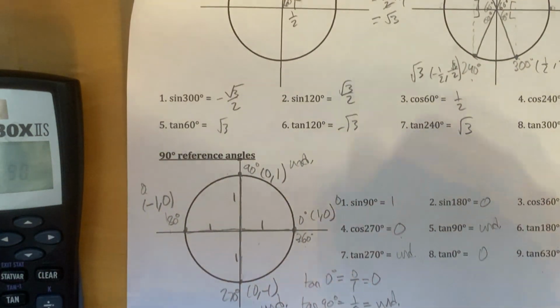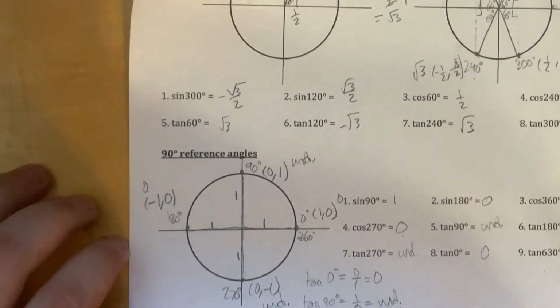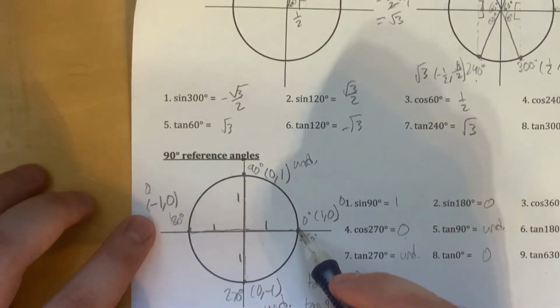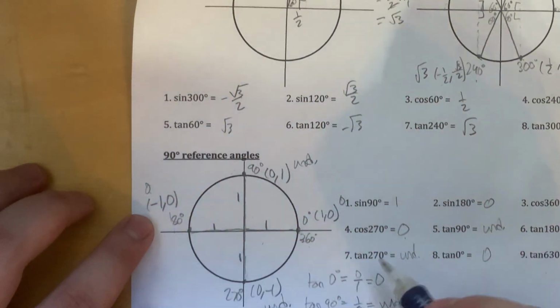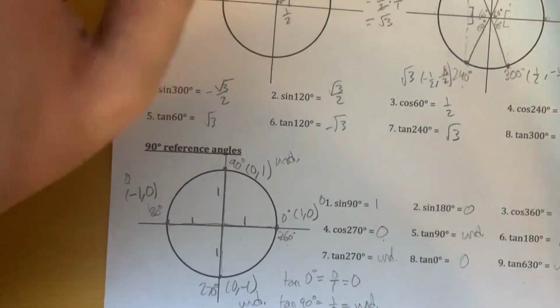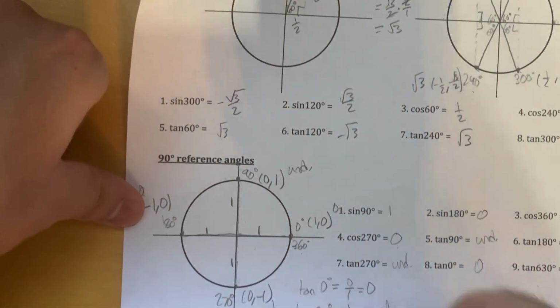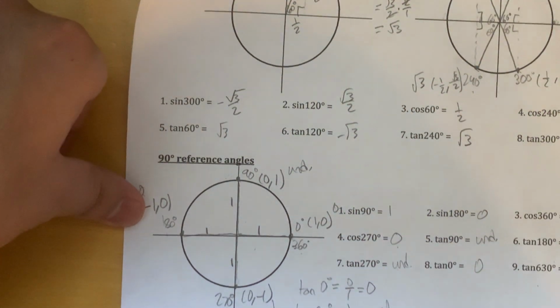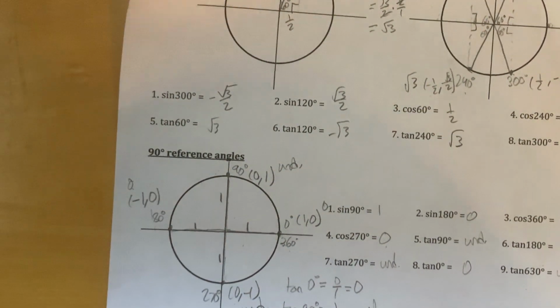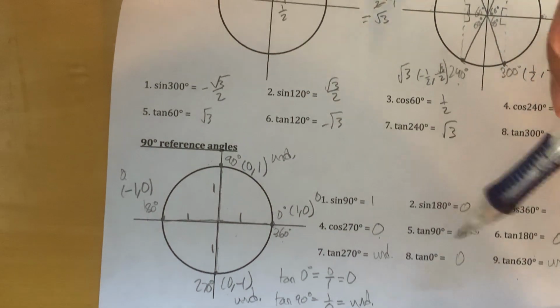So just remember that the circle keeps going. You can have over 360 degrees. You just have to recalculate it. If you go past 720 degrees, you've already gone around the circle twice, and you're just going a little bit into the third time. So we could say that 630 degrees is coterminal with 90 degrees.